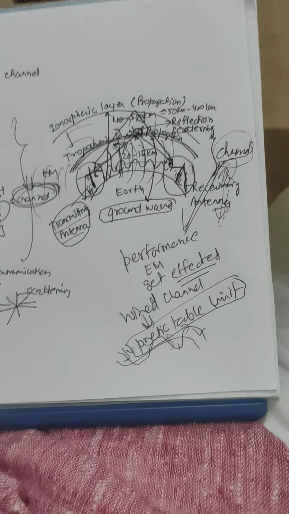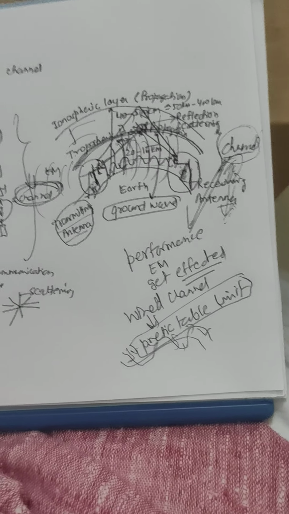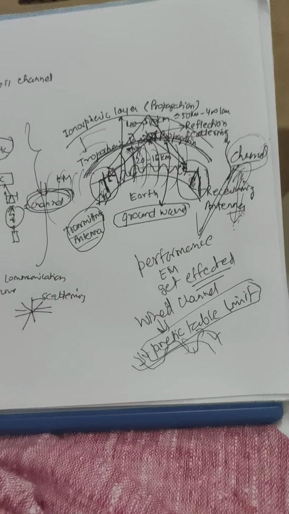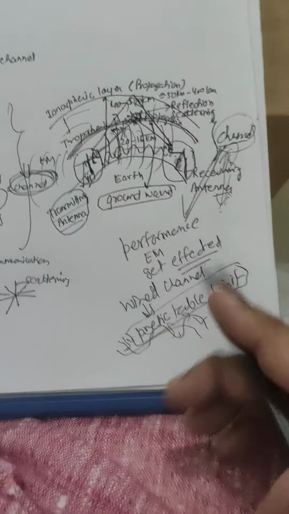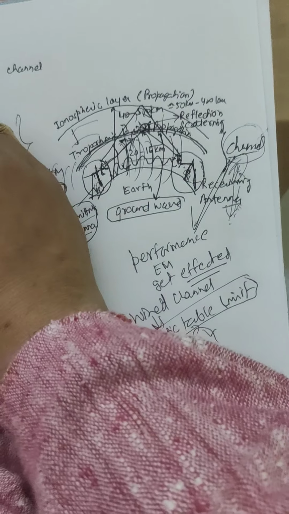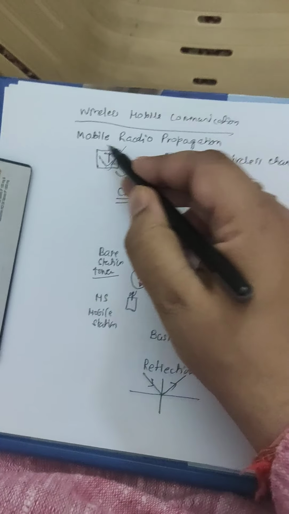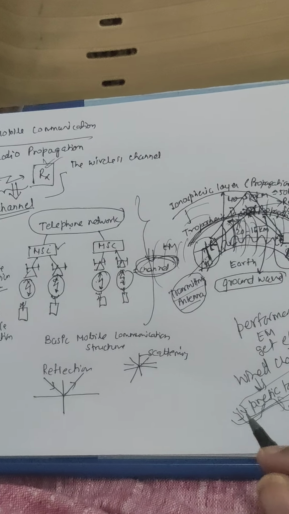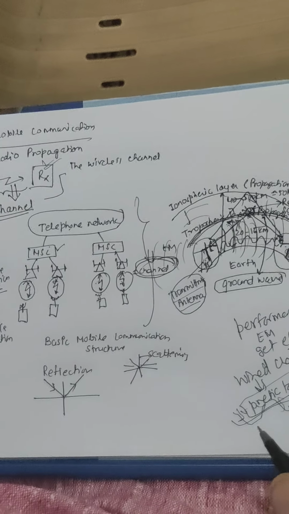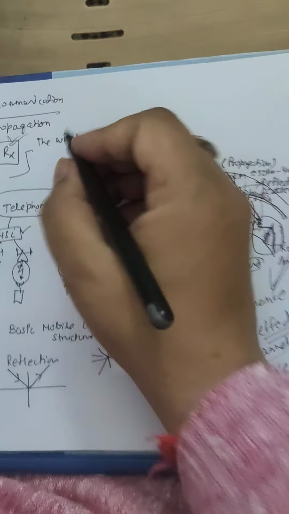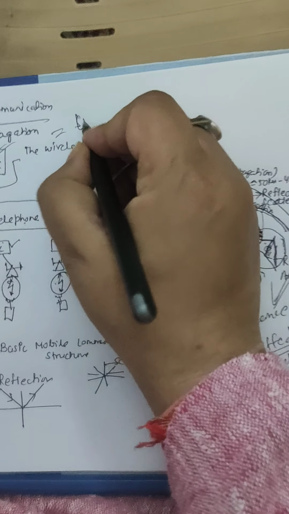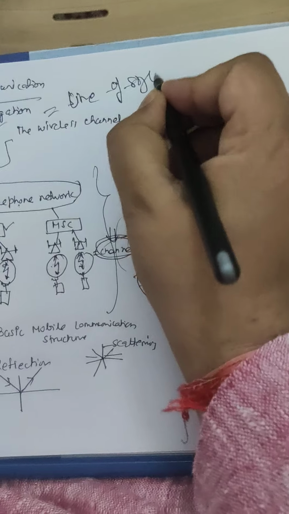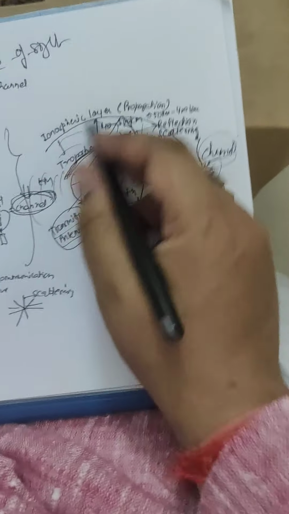So we are creating certain types of receiver and transmitter. In other words, the transmission path between these two ends, the transmitter and receiver ends, varies from simple, let us say, line of sight.